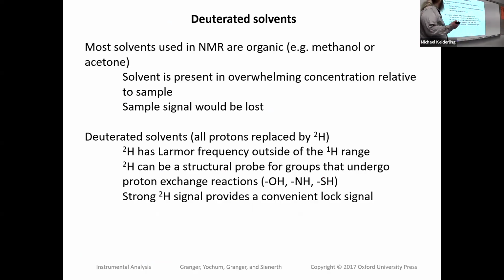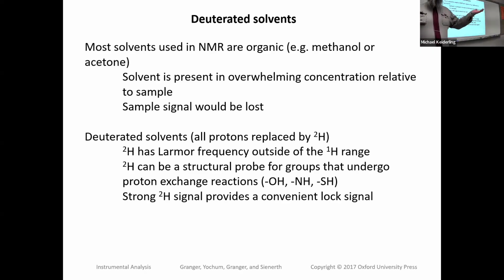Most solvents used in NMR are organic. So the solvent is present in overwhelming concentration relative to the sample. The sample signal will get wiped out. The solution is a deuterated solvent, where all the protons are replaced with deuterium.